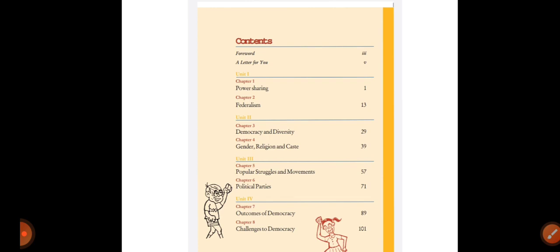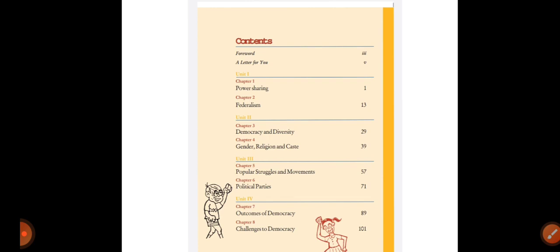And in the second unit we have 2 chapters again. Chapter 3, Democracy and Diversity, then chapter 4, Gender, Religion and Caste. After that we have Popular Struggles and Movements, then Political Parties, accordingly Outcomes of Democracy and Challenges to Democracy.